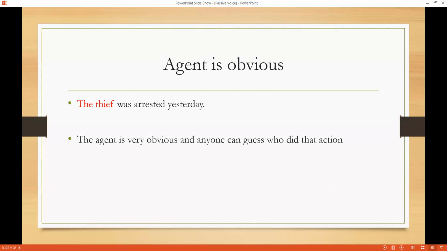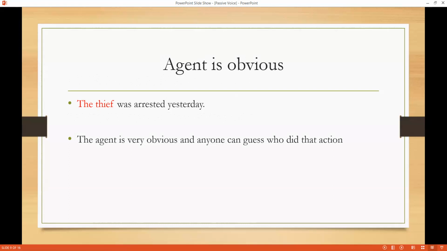Now, obviously, this sentence focuses on the thief, but also when I tell you that the thief was arrested yesterday, you know immediately that it was done by the police, because only the police can arrest the thief, or the people. There is no need to mention the police here.